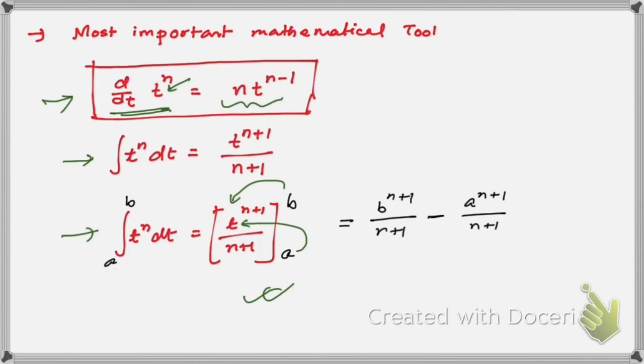Now remember one more thing. Suppose you have t to the power n with a constant c here. When you differentiate it with respect to t, this c is a constant. It may be 2, 3, 4, 5, any number. So it should be taken outside. Then we will differentiate t to the power n only, okay.